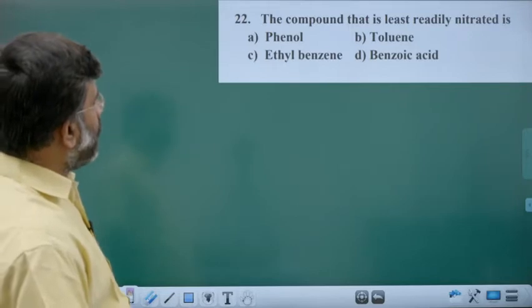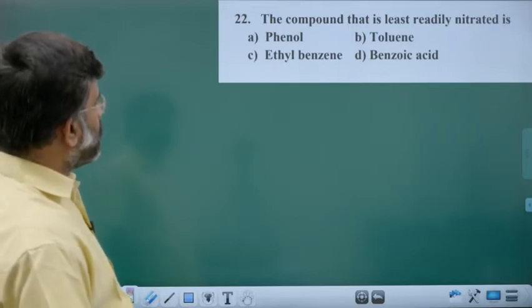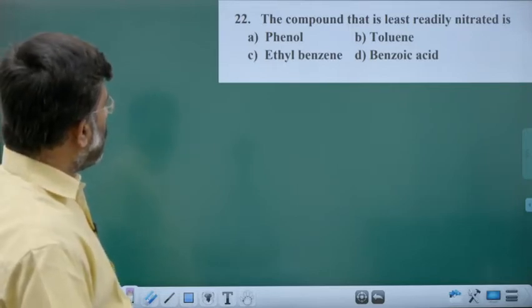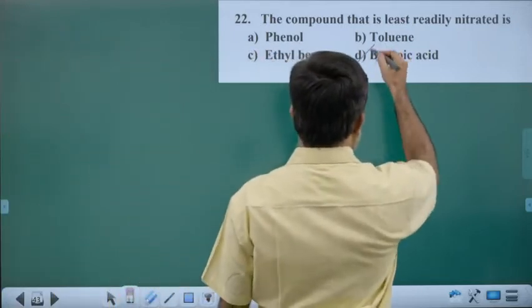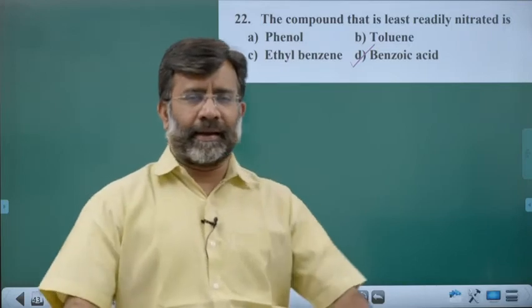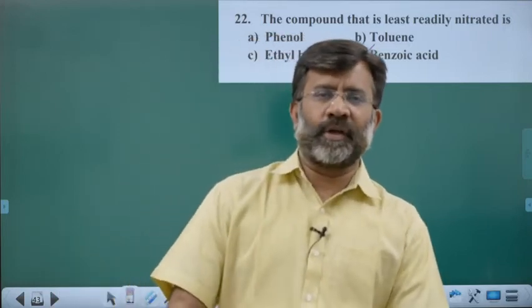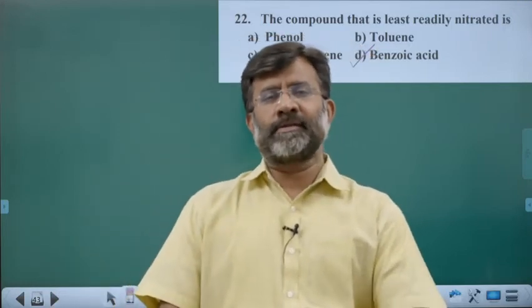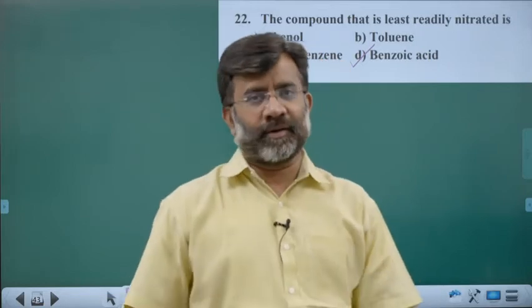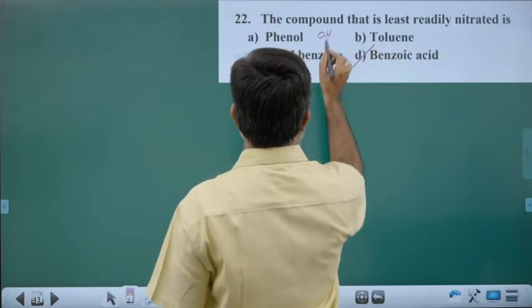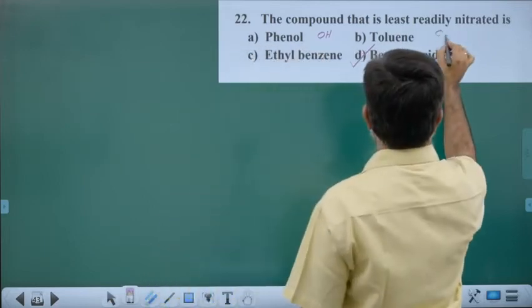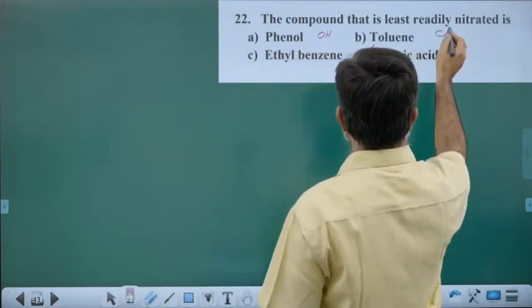Least readily nitrated. Phenol, toluene, ethyl benzene, benzoic acid. Benzoic acid is least readily nitrated because the COOH group is a deactivating group. Here you have an OH group in benzene, that is an activating group. Here you have a CH3 group in benzene, activating group.